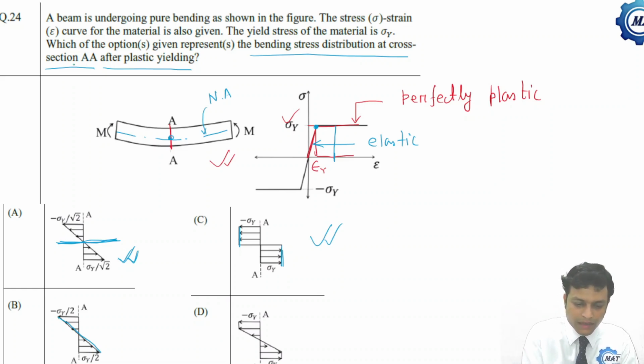So what is asked in this question? Which of the options represents bending stress distribution at cross section AA after plastic yielding? Here also, at the edges, that is farthest from the neutral axis, the stress value goes to yield stress.